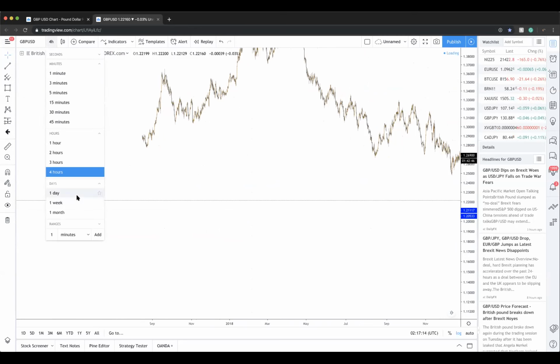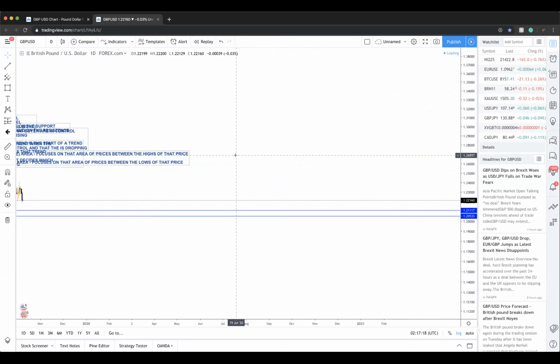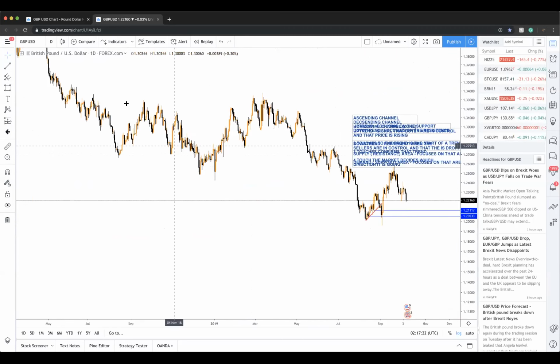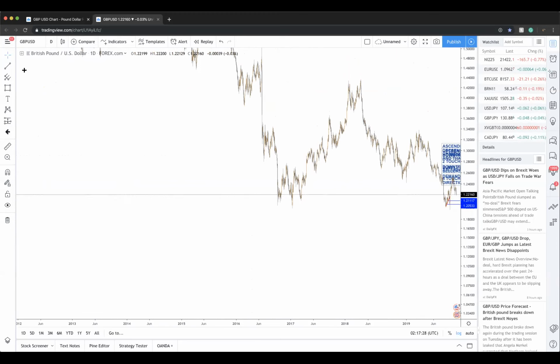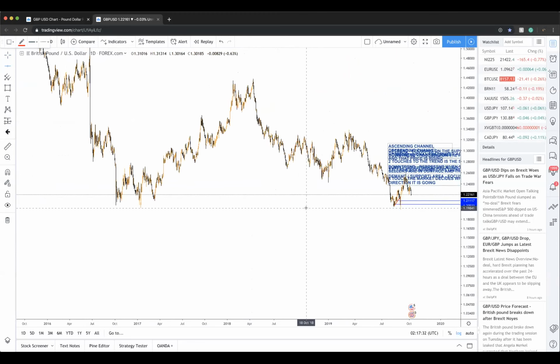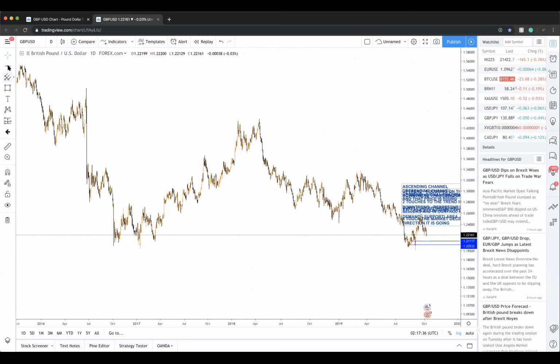Let's see, I'm going to drop to a higher time frame so I can see that information. All right, so here it is. If I would have used my horizontal line tool here to identify the support here.